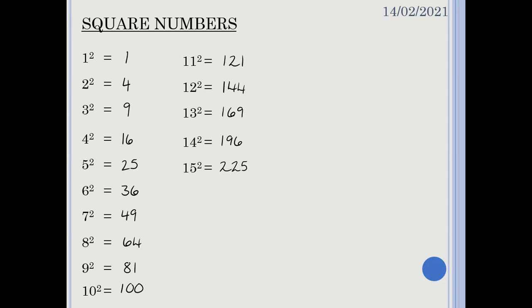It's usually a good idea to have these at the back of your jotter so that you can check them easily, and over time you'll become very familiar with them and you'll start to remember them just like that.